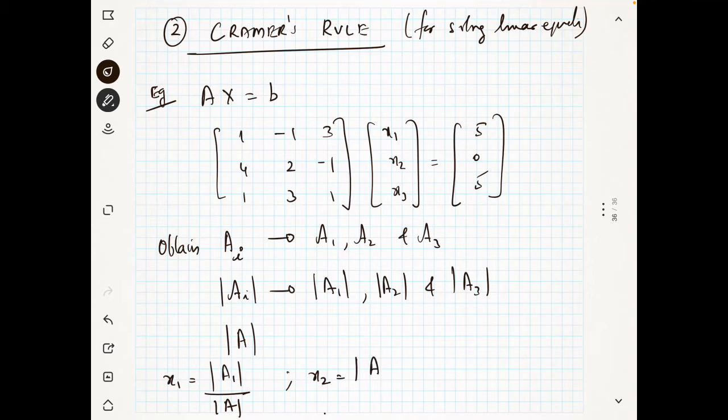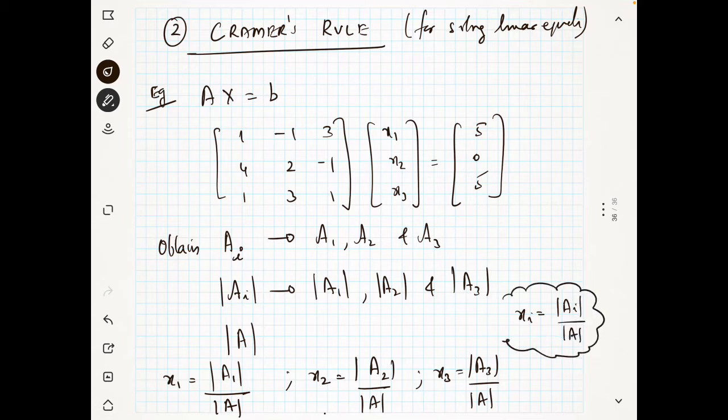Determinant of A2 divided by determinant of A. And how to find x3? Determinant of A3 divided by determinant of A. So in general, you can find xi as determinant of AI divided by determinant of A. So this is the general rule, and this is what we are going to find out.